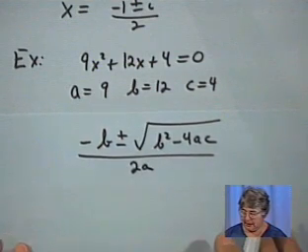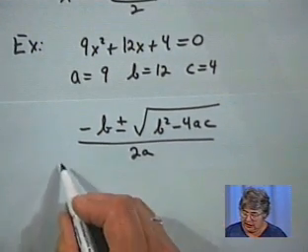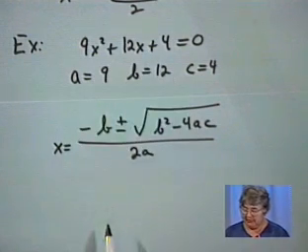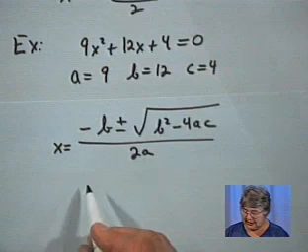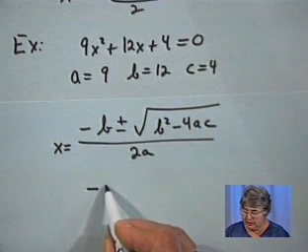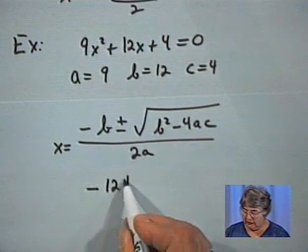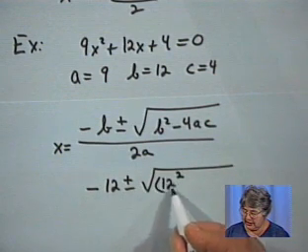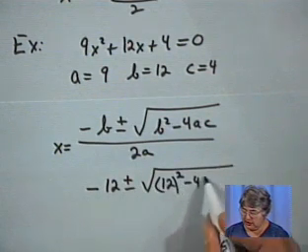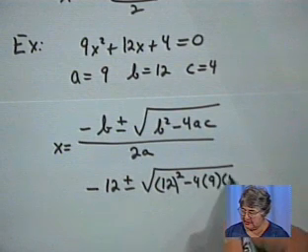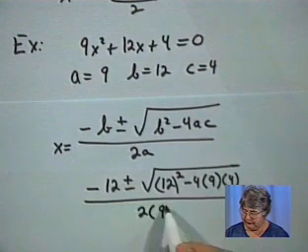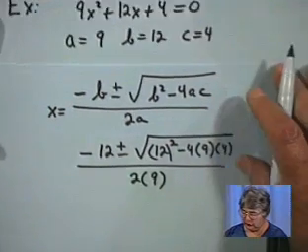Right? All right, so the solutions for x, and whatever variable it happens to be, it may not be x. In this case, I did write an x. Minus b plus or minus the square root of b squared minus 4 times a times c divided by 2 times a. Substitute into the formula.